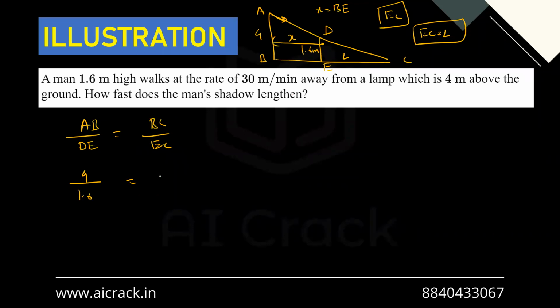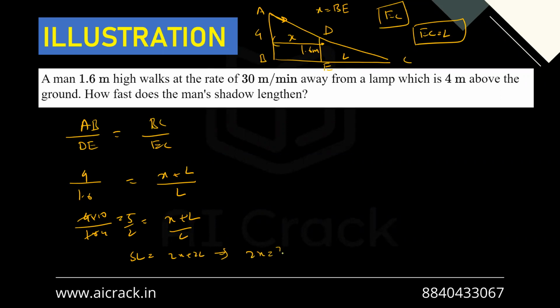BC is X plus L and EC is also L. Now this is 4 into 10 divided by 16. That becomes 5 by 2 equals X plus L by L, right? So 5L equals 2X plus 2L. That gives us 2X equals 3L.